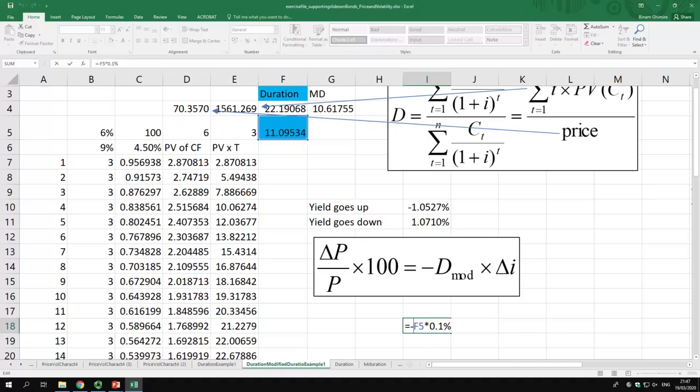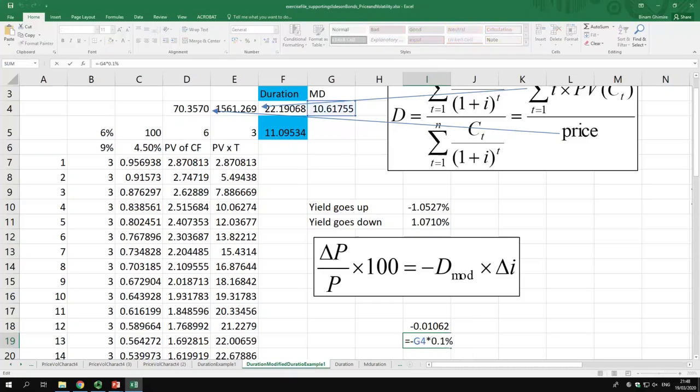Okay, so G4 is the number to take. Then you get this. Can you see we applied modified duration here, which is this. Now we're comparing it with when the yield goes up. You do exactly the same when the yield goes down.